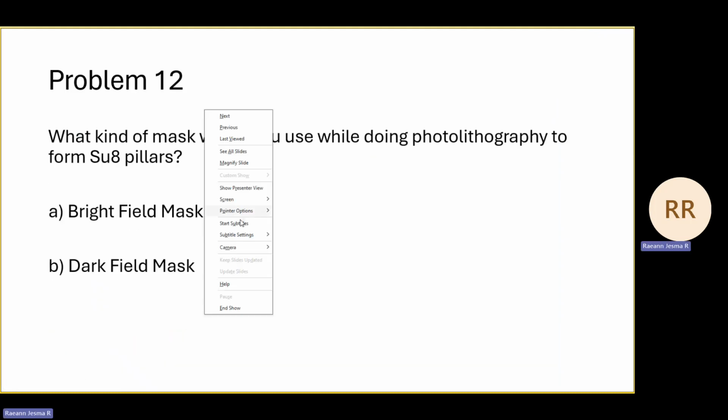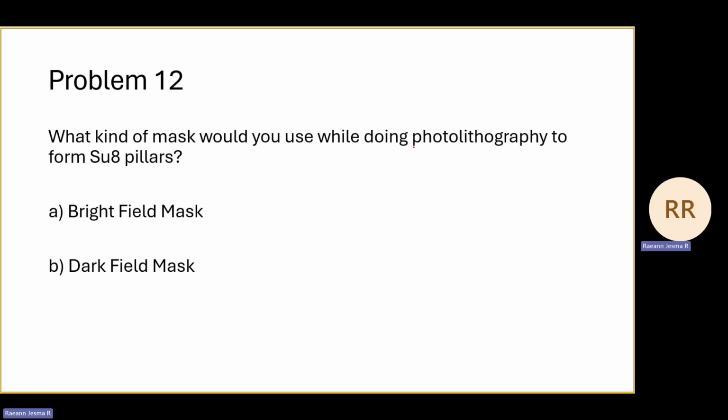Problem 12. What kind of mask would you use while using photolithography to form SU8 pillars? So we have these SU8 pillars in the piezo cantilever, right? If you are looking at the pillars, it will look like this. We have pillars like this.